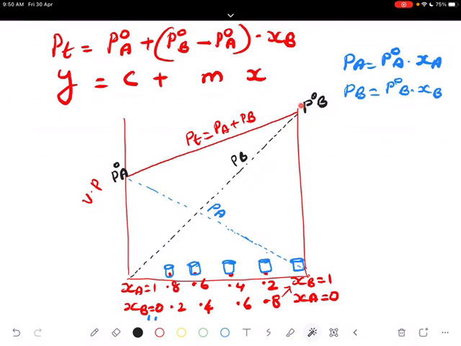For the black line, the highest is P naught B, and for the blue line the highest is P naught A, that is the pure component.